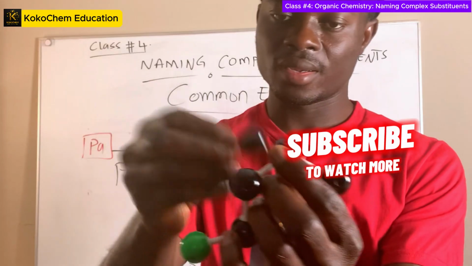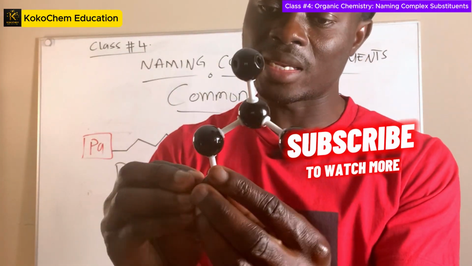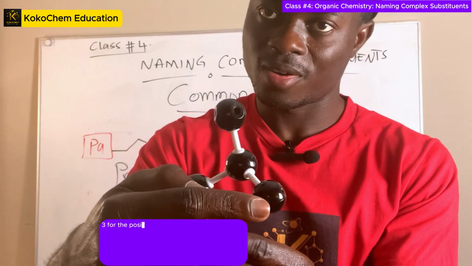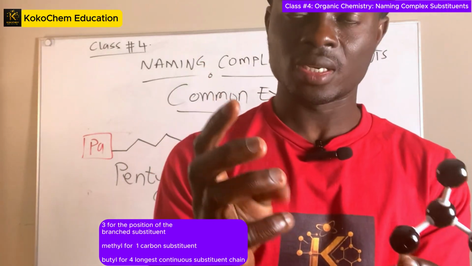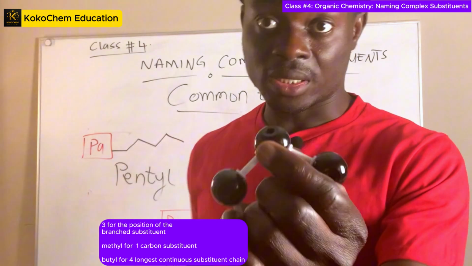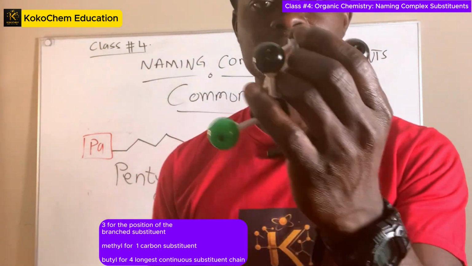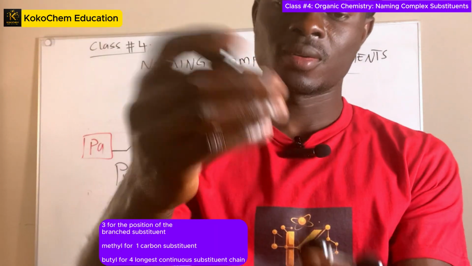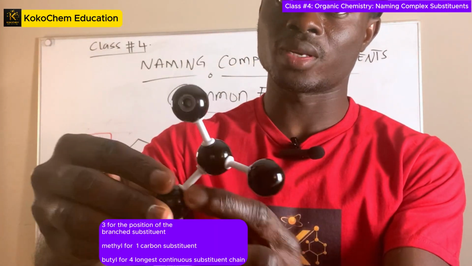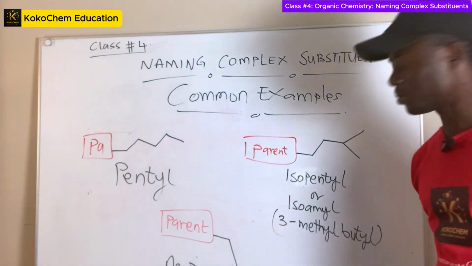And then the continuous chain be 1, 2, 3, 4. And after you say 4 carbons be but, just add YL. So it will be position 3 methyl, because it be 1 carbon, 3 methylbutyl, 1, 2, 3, 4. So 3 methylbutyl. Very simple.